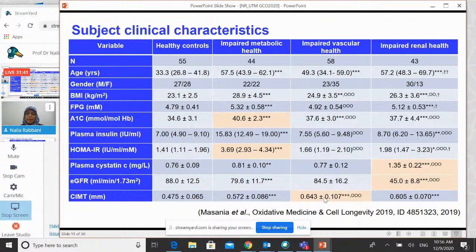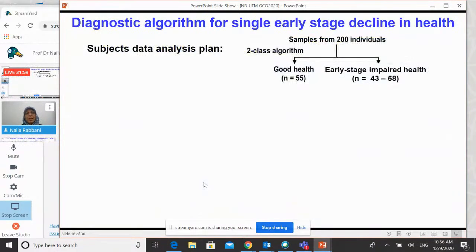In this category, only the CIMT was significantly different compared to the control. And for renal impairment, only the plasma cystatin C and the eGFR were significantly different compared to all the other groups.